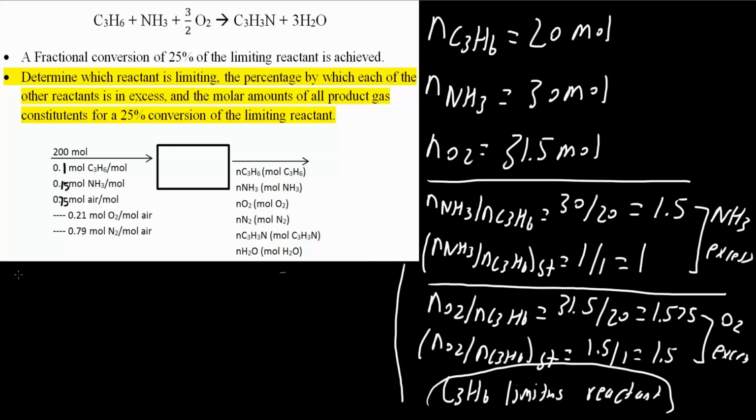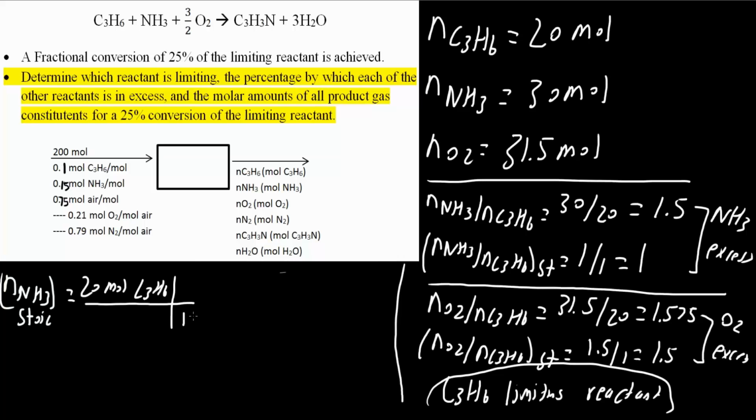So we can say NH3, this is going to be the stoich, the ideal situation, is equal to 20 moles of C3H6, because C3H6 is the limiting reactant. So we want to know how much NH3 we would get in the perfect ratio.